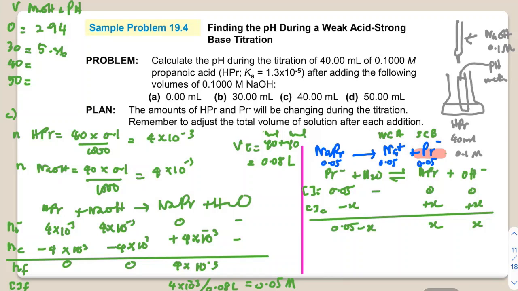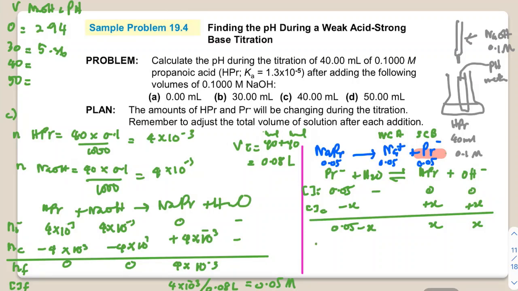So we know that Pr minus is a base since hydroxide is liberated. Okay, and what's given to us is the Ka value. We know that we have to solve for x to get the concentration of the hydroxide ion. Ka is given. So the first step is to calculate the Kb for the Pr minus.